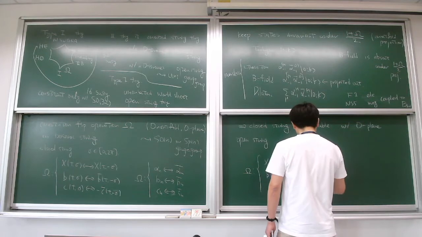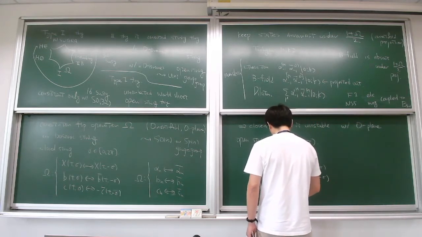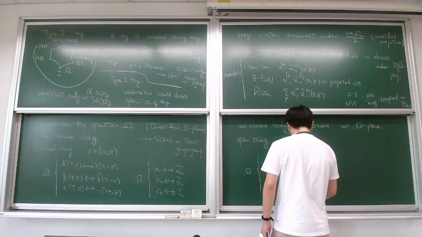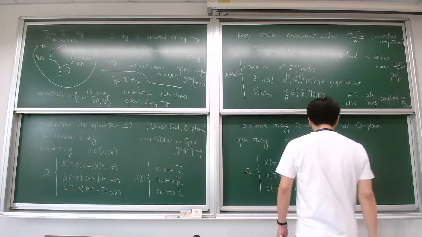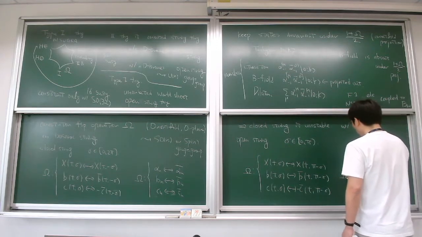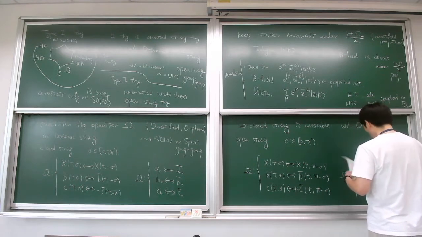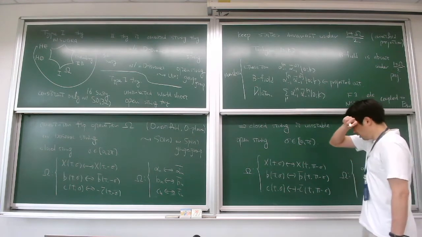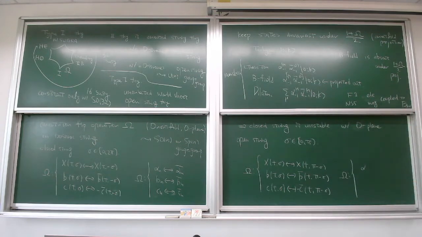It's almost the same as the closed string, but you have to be careful about the range of sigma. If you do the mode expansion, this will change a little bit. Oh yeah, I have to explain. For the open string, you have to specify the boundary condition.